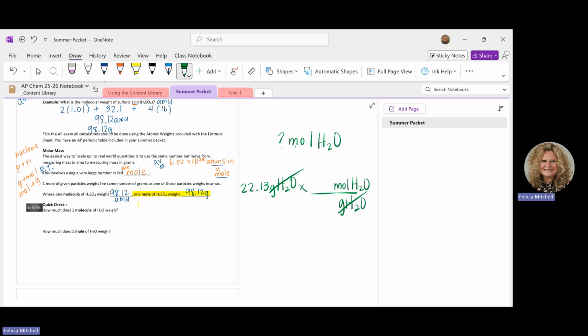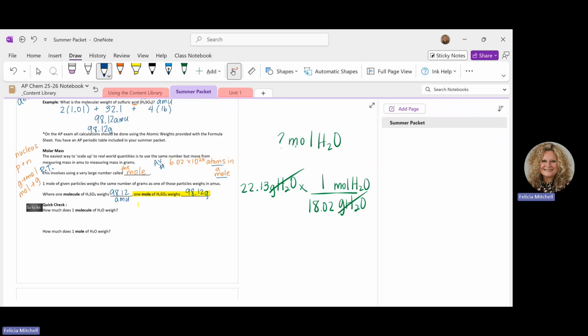That's what's highlighted in yellow over here. So we were like, okay, 1 mole of water would be the mass of 2 hydrogens plus the mass of 1 oxygen, which would be 18.02 grams. And then once you divided 22.13 by 18.02, you would solve for moles, okay? So when you look right here and it says, hey, what would 1 molecule of water weigh?